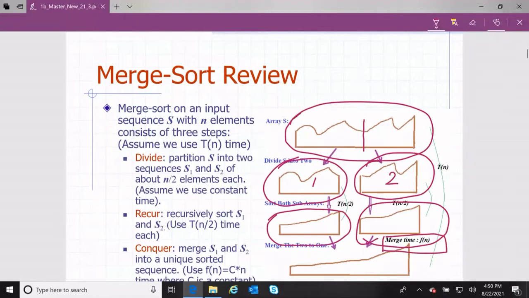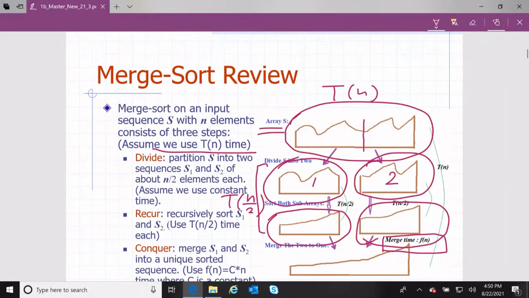Let's assume the entire process for the array S takes T of n time. Then this step for sorting the first part would be T of n divided by 2.